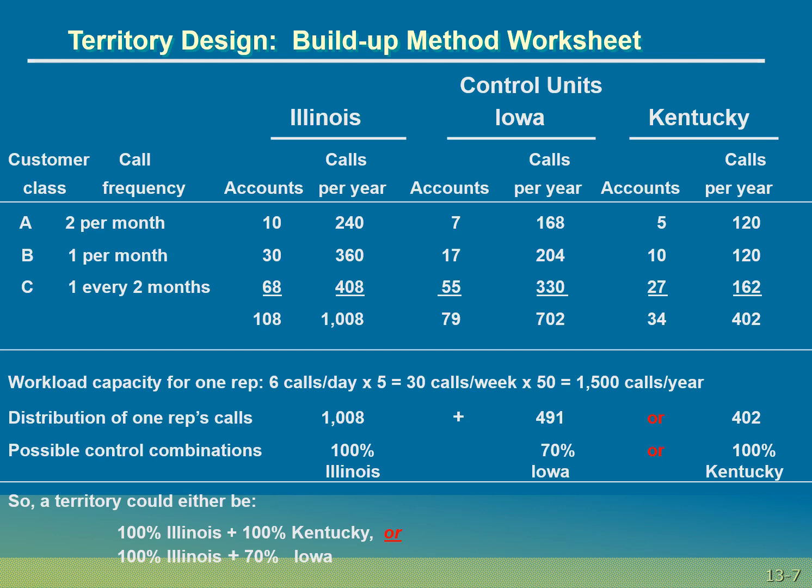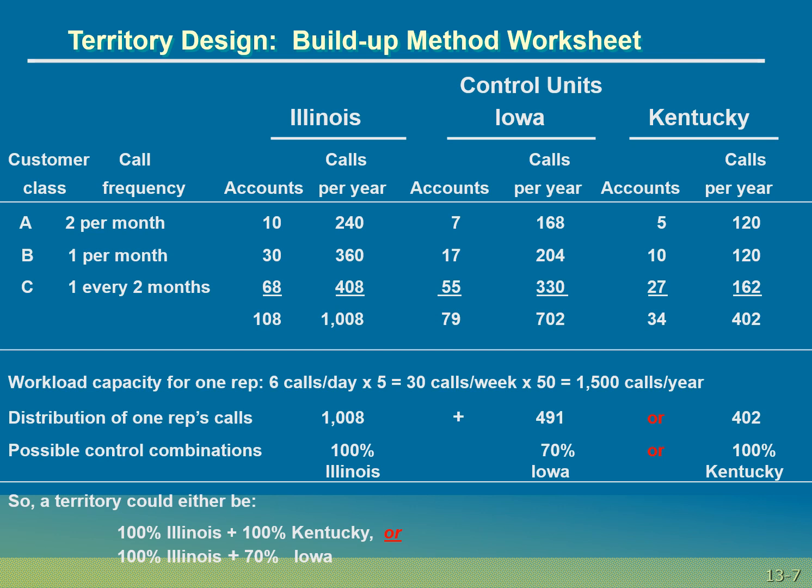Why 50 weeks? You may say there are 52 weeks in a year, right? But you have to give them vacation and holidays. That's 2 weeks of vacation. So then you only have 50 weeks to work, okay? 30 calls per week times 50 gets you 1,500 calls per year. Your sales rep can only make 1,500 visits to their customers a year, okay?